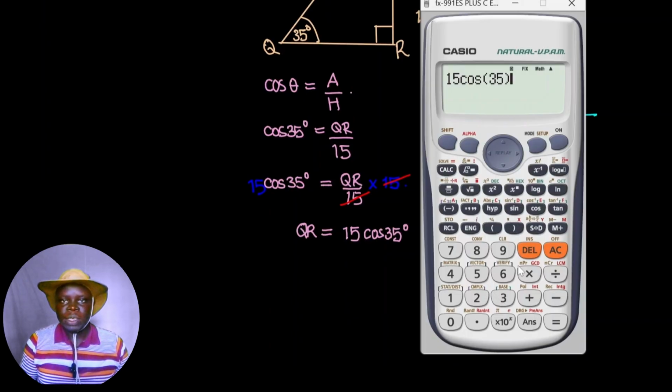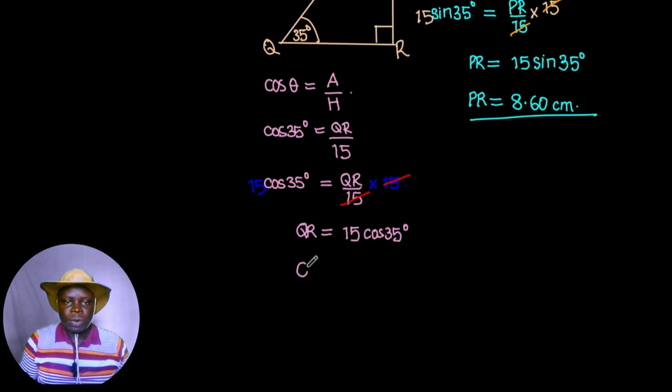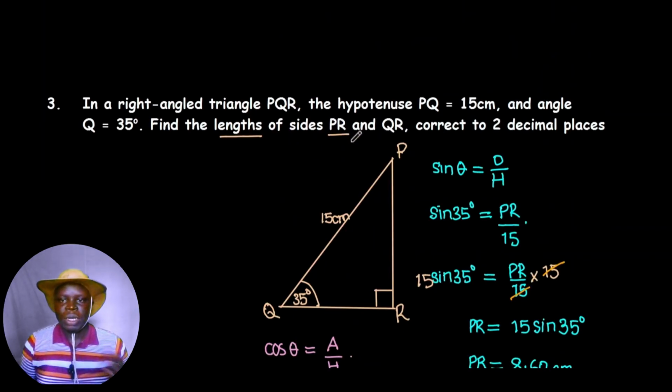And it's good practice to always close the bracket and punch in our equal sign. So the result is 12.29. Therefore, QR is the same as 12.29, and that is also centimeter. So we've gotten all our sides. Yeah, that is all. We have just finished answering our questions.